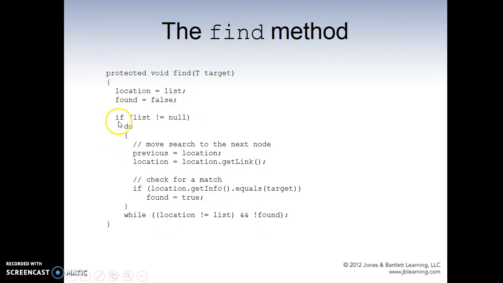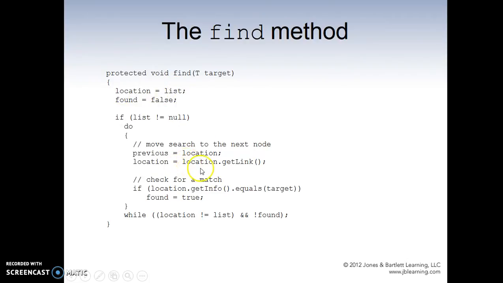Now, we want to do it at least once. So what's the difference between do while and while? We know that do while is do at least once. You're going to check at least once. So it's going to start from the end again, because location equals list, which is the tail.